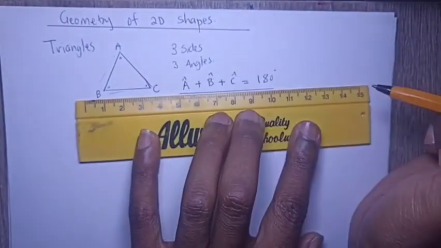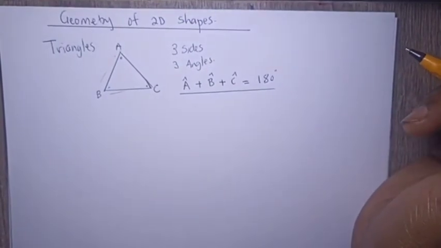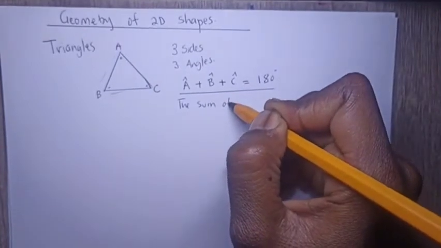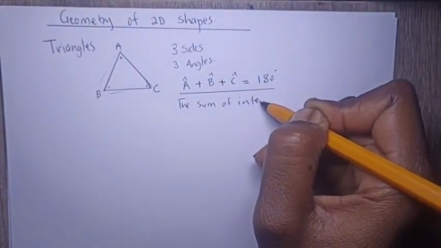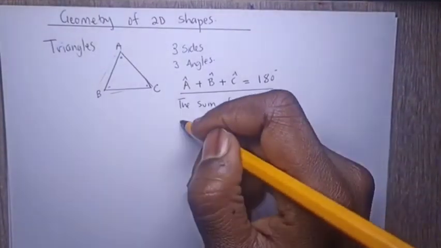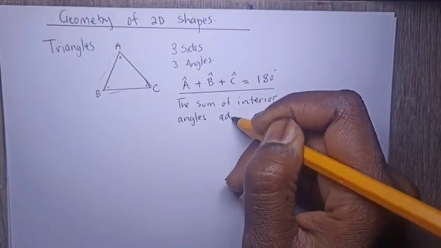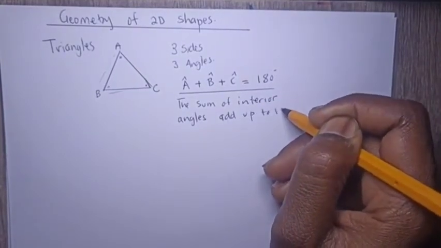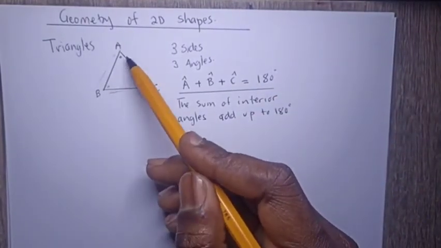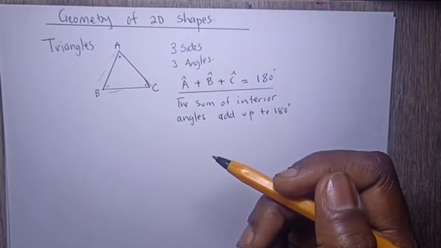When we calculate angles of a triangle, we use that rule: the sum of interior angles, and remember, interior means inside, adds up to 180. If you are given two angles, we can get the third angle by subtracting.